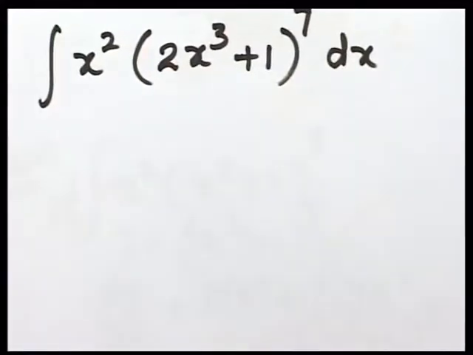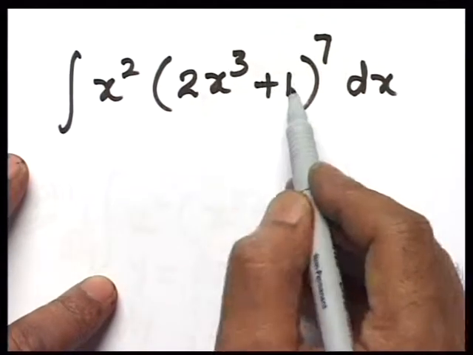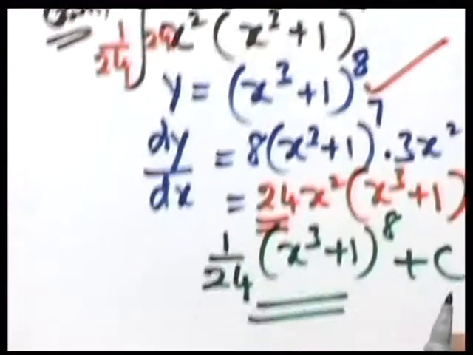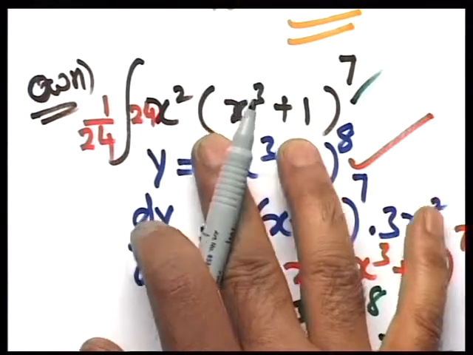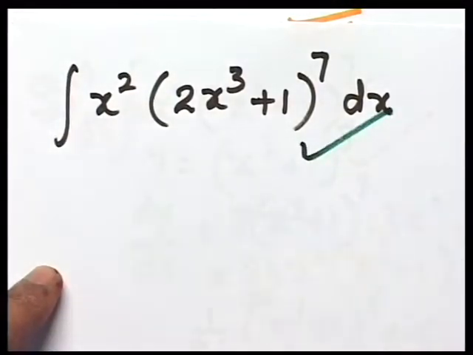I'll do one with trigs in a minute. Algebra, right? So it's 2x cubed plus 1, we have x squared to the power 7. Hey guys, I think the sum that we both prepared here is more or less the same. So I will leave this question with you to do. Okay, copy that and solve, please.